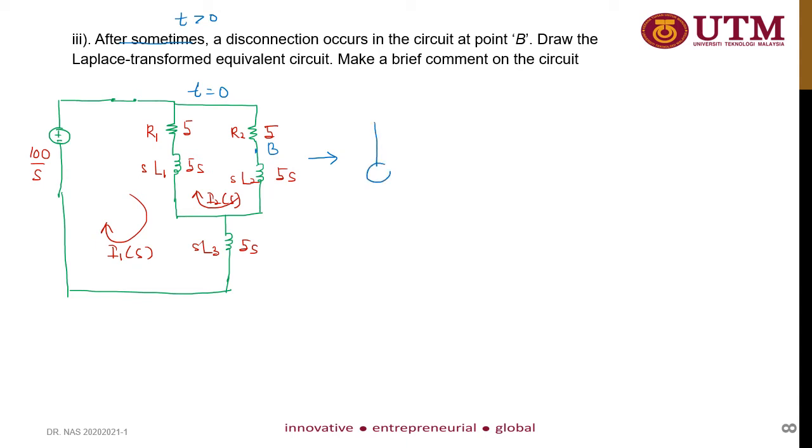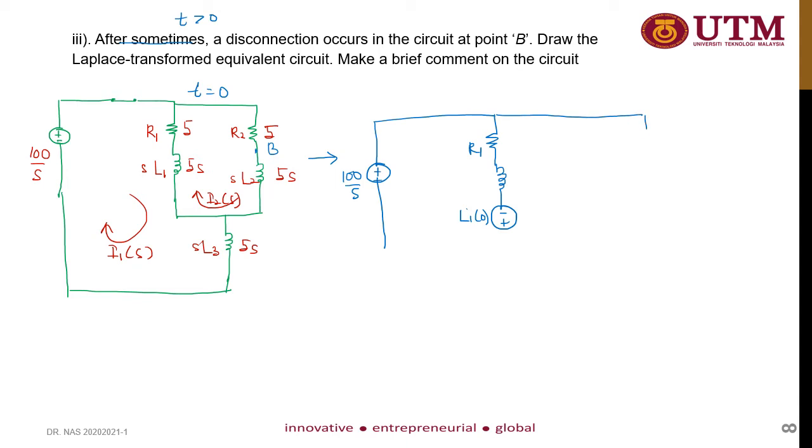So the source is 100 over S, and then you have the resistor staying as it is, and then the inductor in series with an additional source, which is equal to L I naught. So what is L I naught? I'll show you later on.